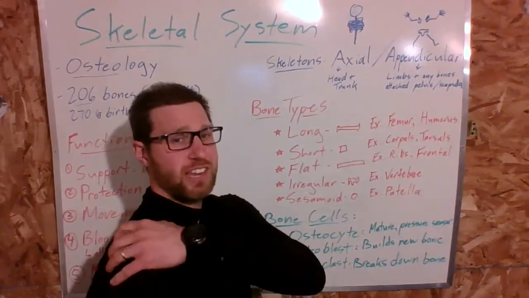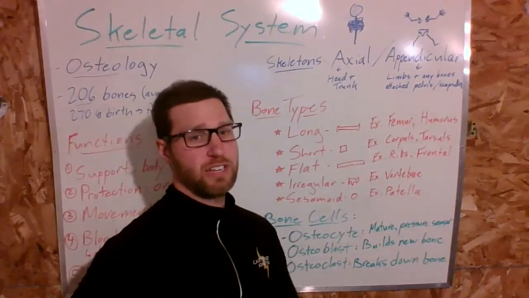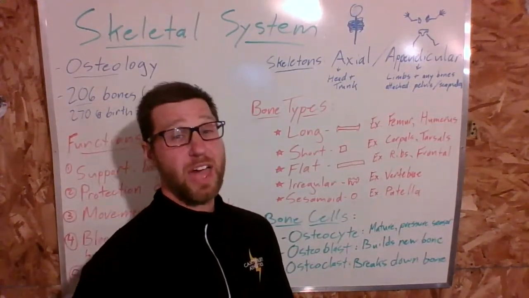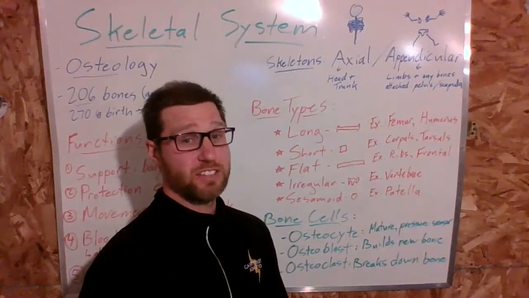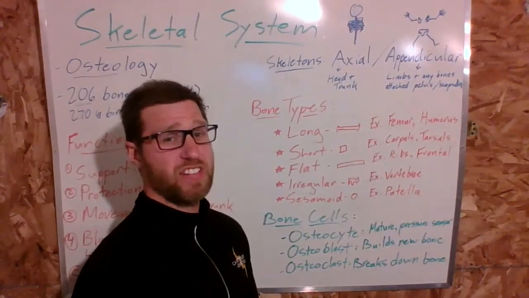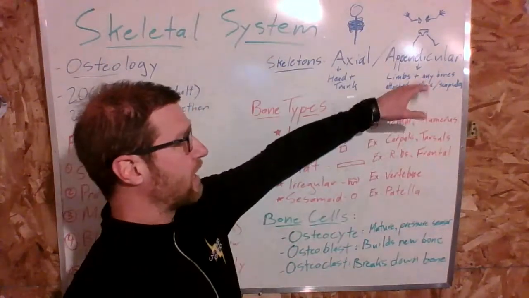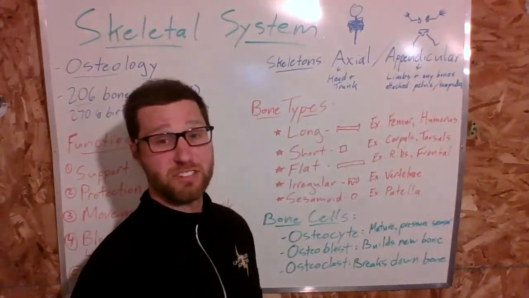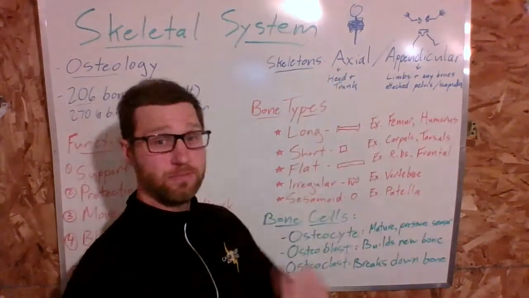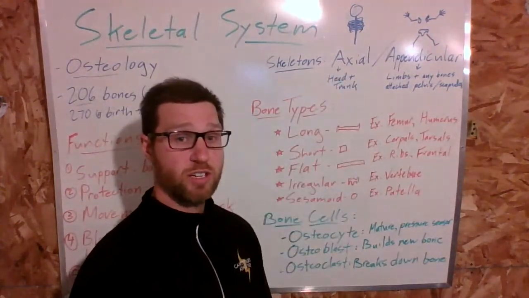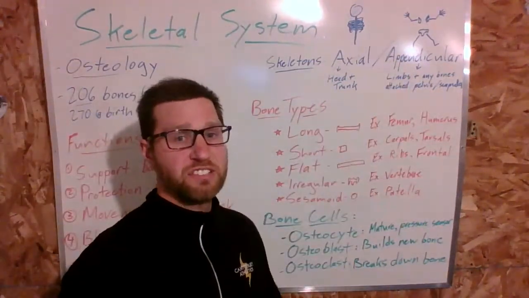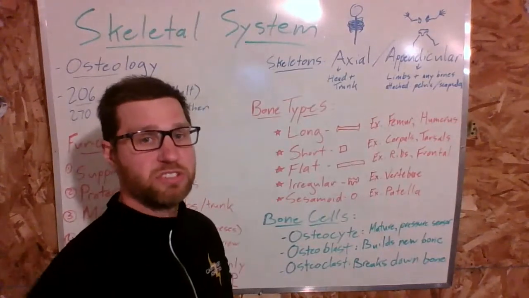Your humerus articulates to your scapula and your femur articulates to the acetabulum of your pelvis, so we consider that part of your appendicular skeleton. So, axial: head, trunk. Appendicular: your arms, your legs, and any bones that attach to those limbs.